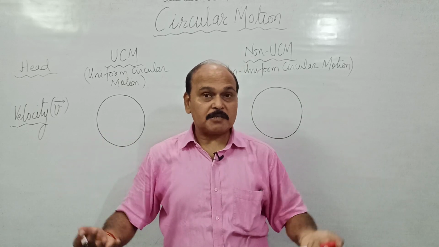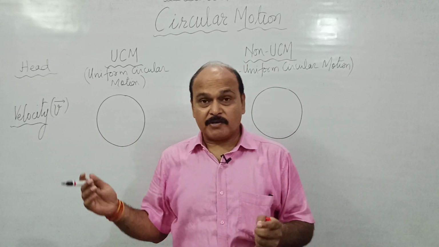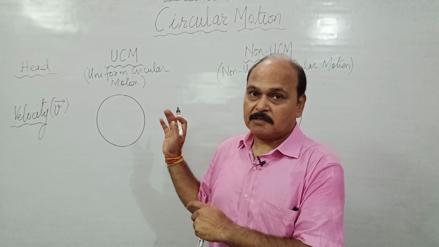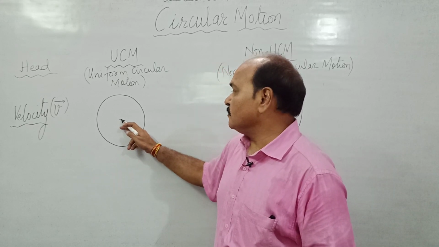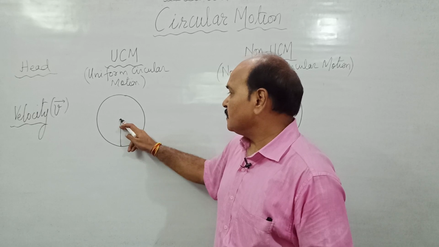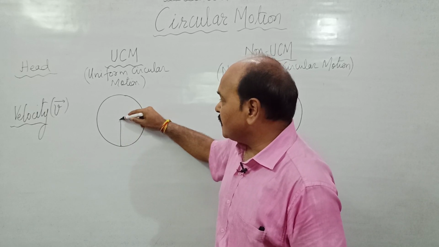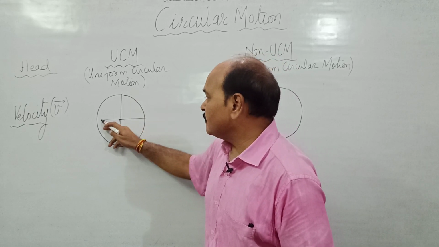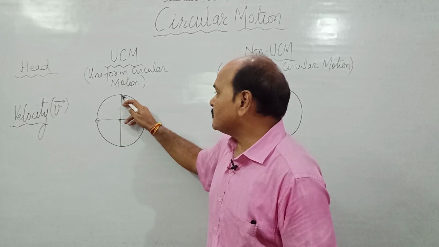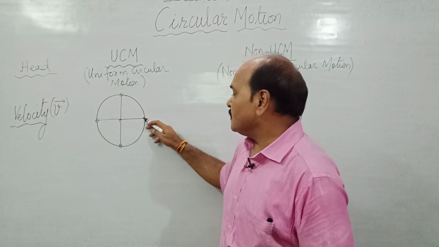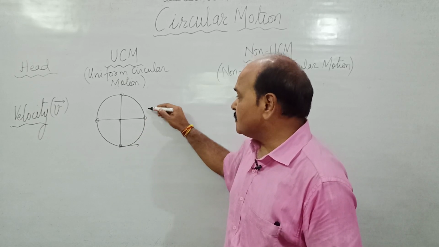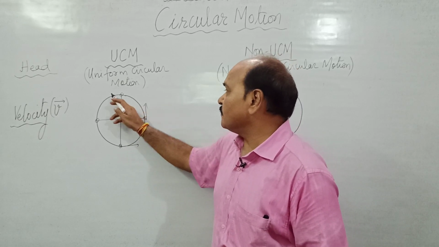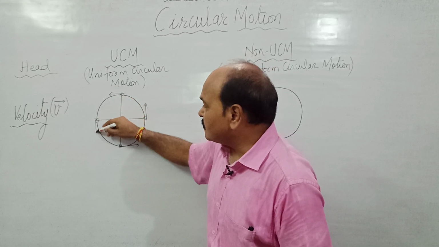But what about velocity? Velocity is variable in both cases. So how does velocity vary? Let us all see. In uniform circular motion, as the object moves on a circular path in a horizontal plane, the velocity is a variable because the direction of the velocity, this is the velocity vector, changes as the object moves on the circular path.